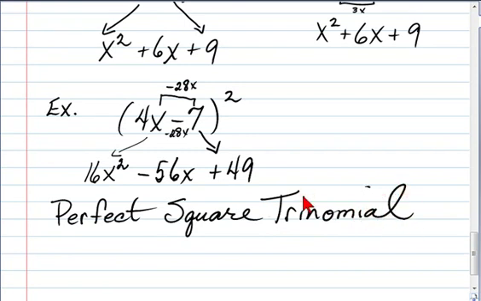The number 49 is called a perfect square because it is 7 squared. The trinomial 16x squared minus 56x plus 49 is called a perfect square because it's the result of squaring something. Your job, should you decide to accept it, is to recognize that it's a perfect square trinomial.